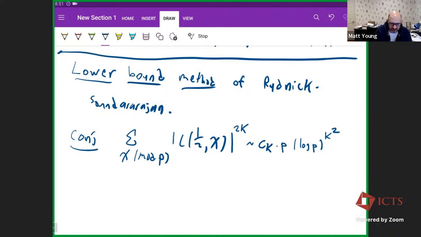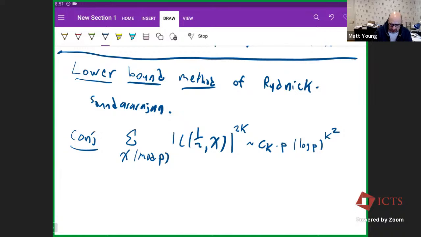But this is part of the whole random matrix theory approach to getting conjectures about various statistical quantities about L-functions.